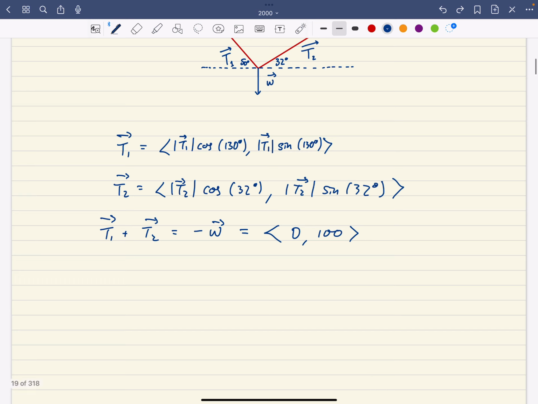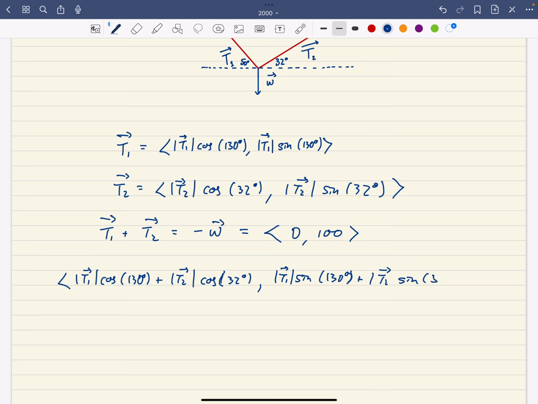And so T1 plus T2, you can just add that up. This is going to give you the magnitude of T1 times cosine of 130 degrees plus the magnitude of T2 times cosine of 32 degrees. That's the x component of the sum of the vectors, and then the y components will be the magnitude of T1 times sine of 130 plus the magnitude of T2 times sine of 32.